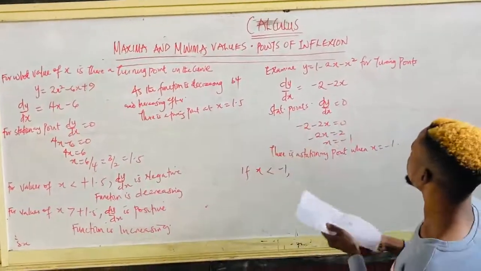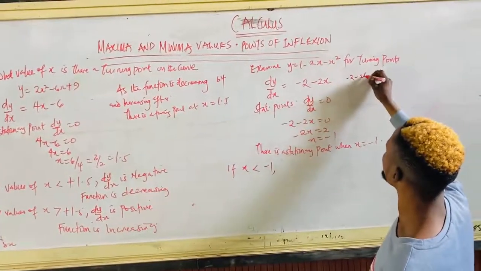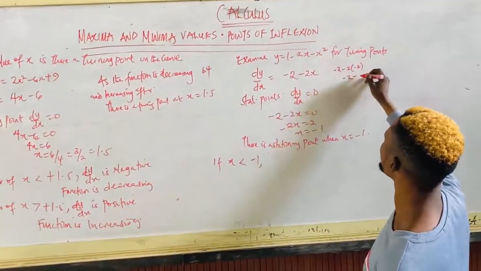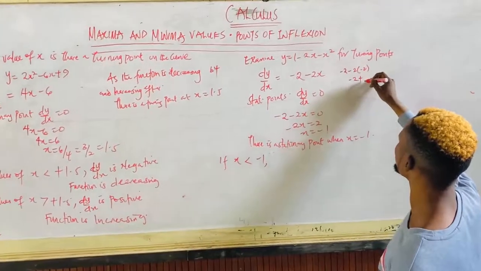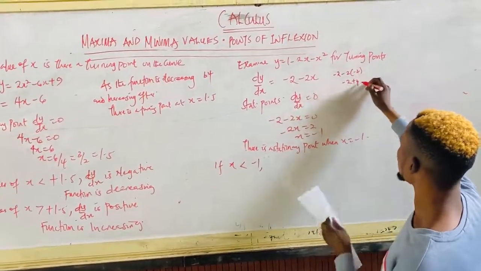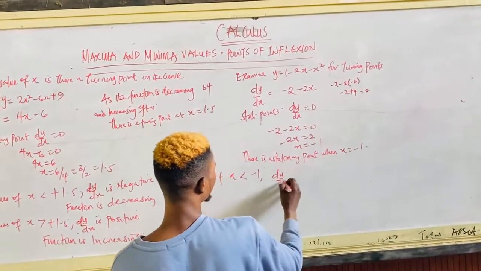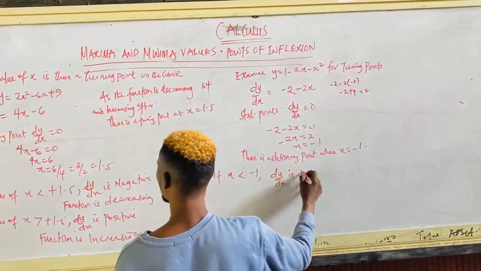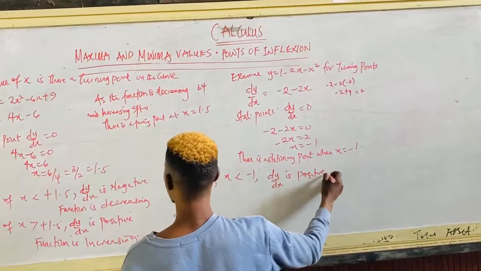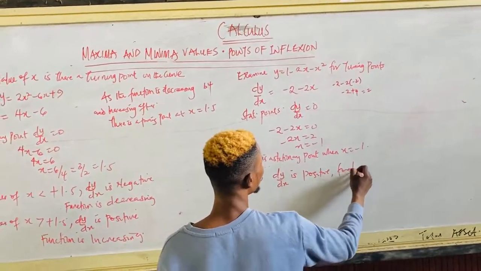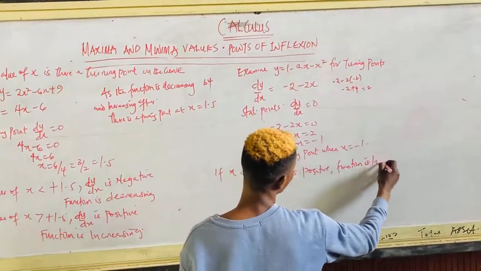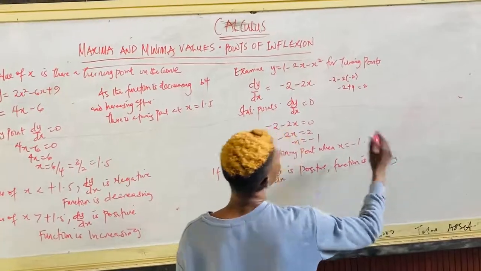That's minus 2 minus 2 times minus 2, that's minus 2 plus 4, that's 2. So dy/dx is positive. So that means the function is increasing because dy/dx is positive.